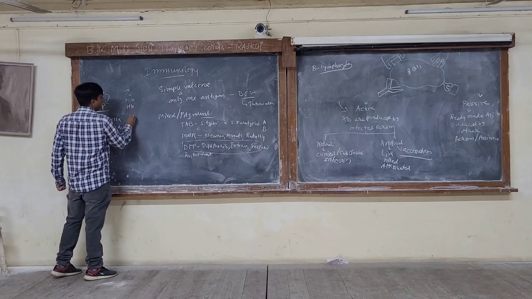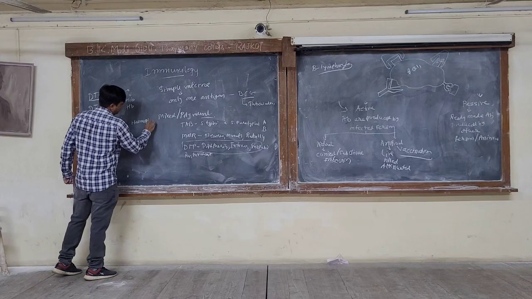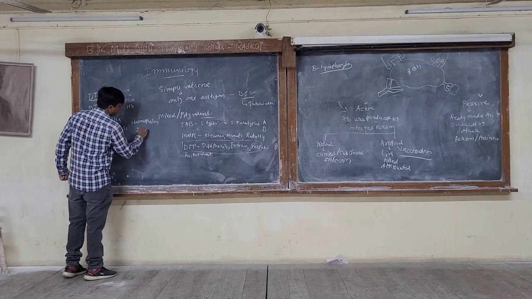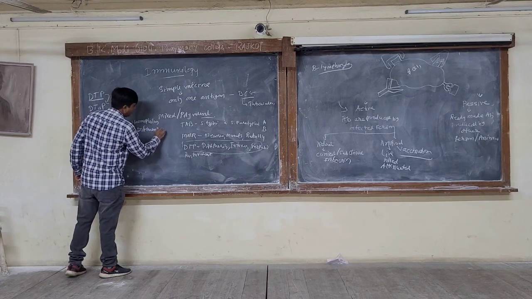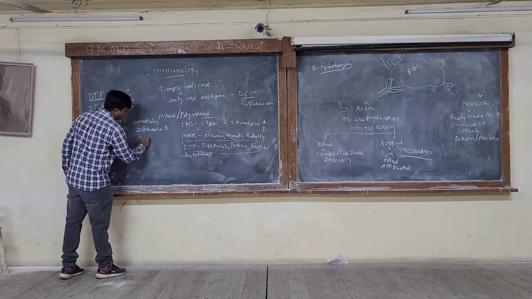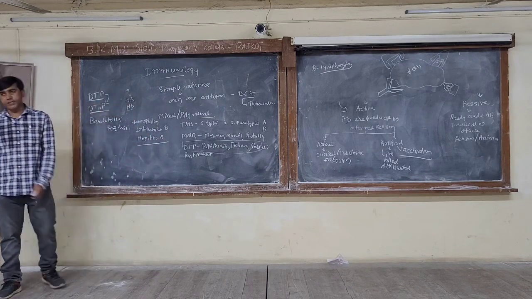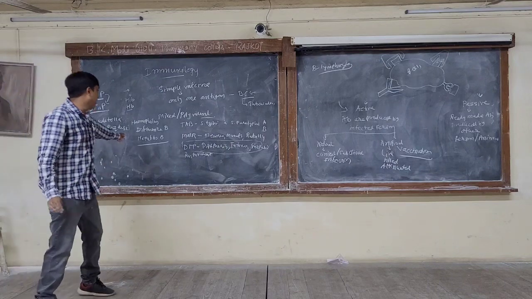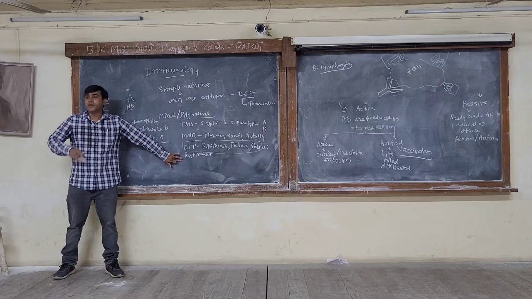This is Haemophilus influenzae B and hepatitis B. That 5 different antigens are present.